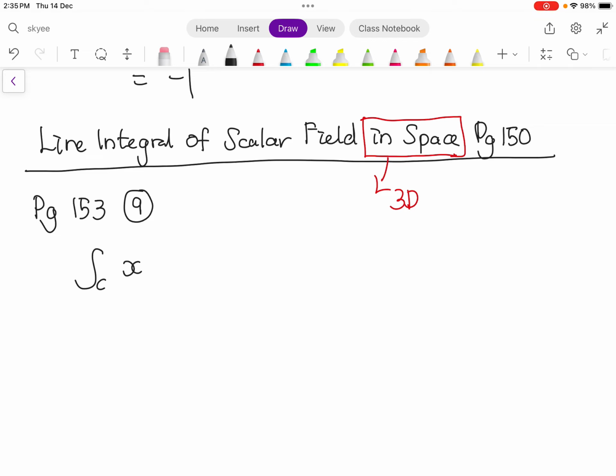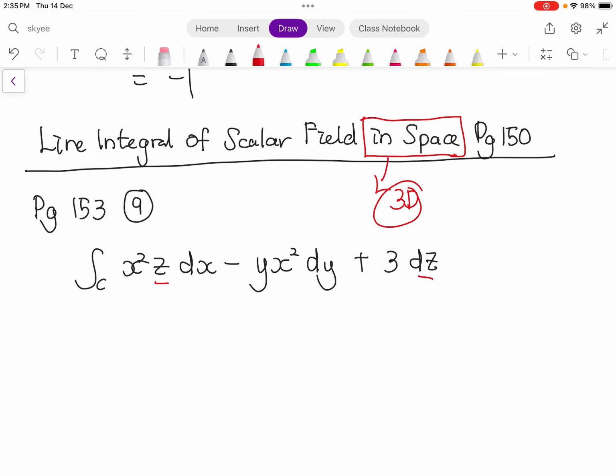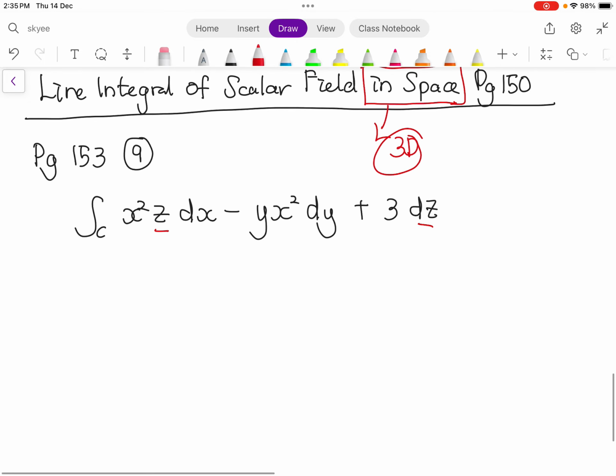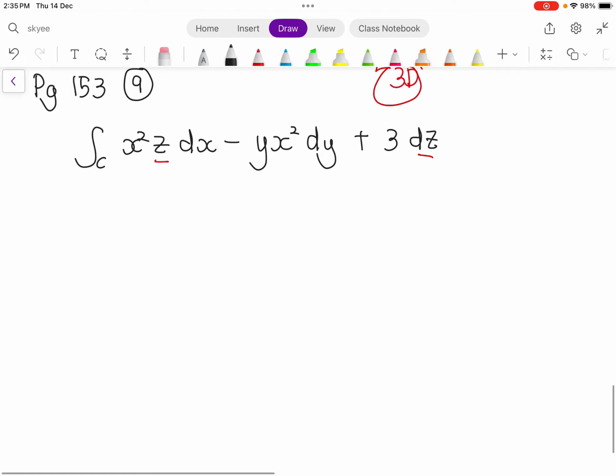So you have x squared z dx minus yx squared dy plus 3 dz. Now you see you will have a new component that is the z and dz because it is 3D. So you need to evaluate this thing, and the path is given like in the drawing.